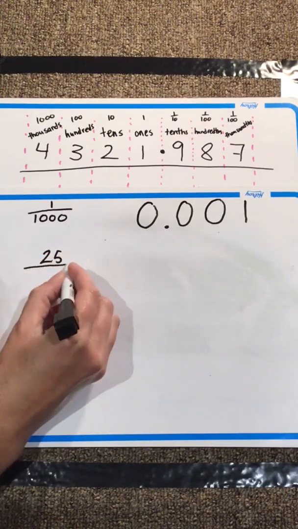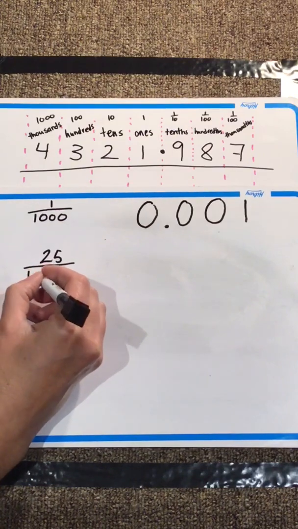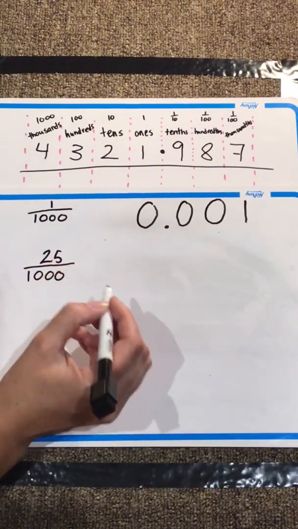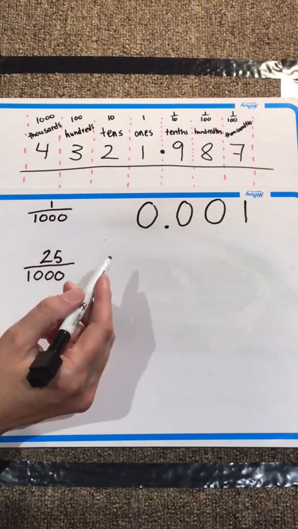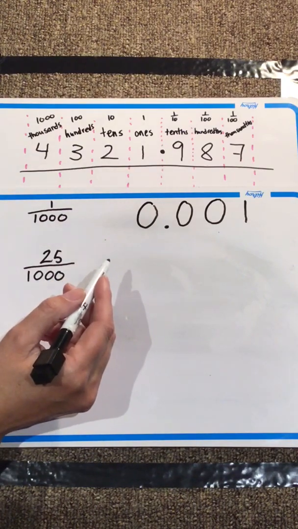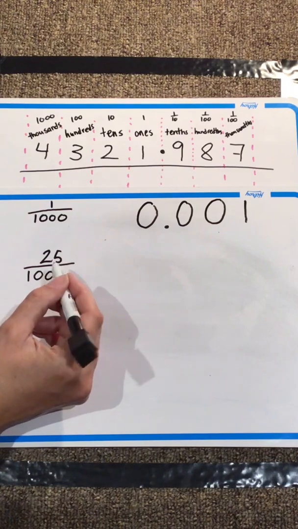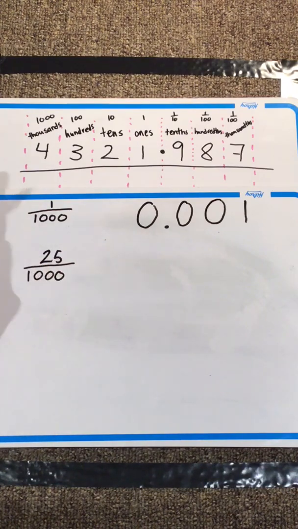My fraction would be 25 out of a possible 1,000 pieces, and I have to figure out how to write that as a decimal. Well, it would be really a pain to count out 25 of those little pieces.